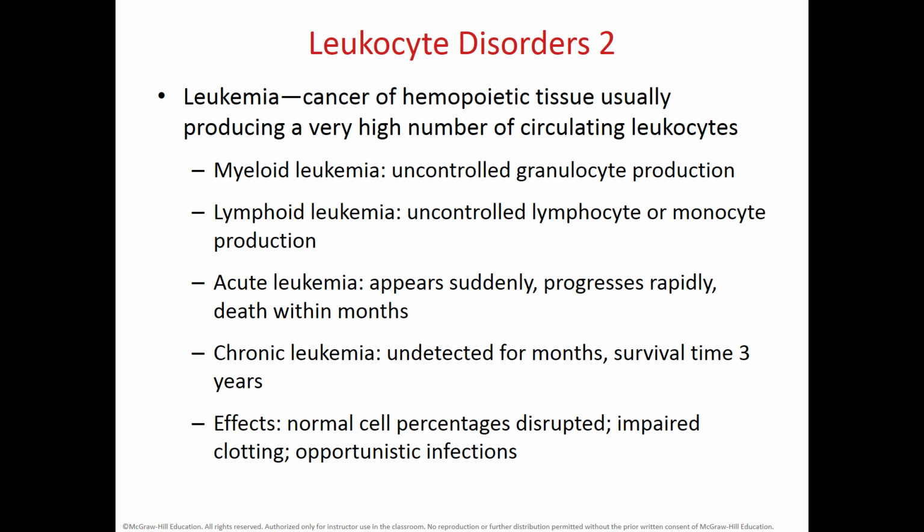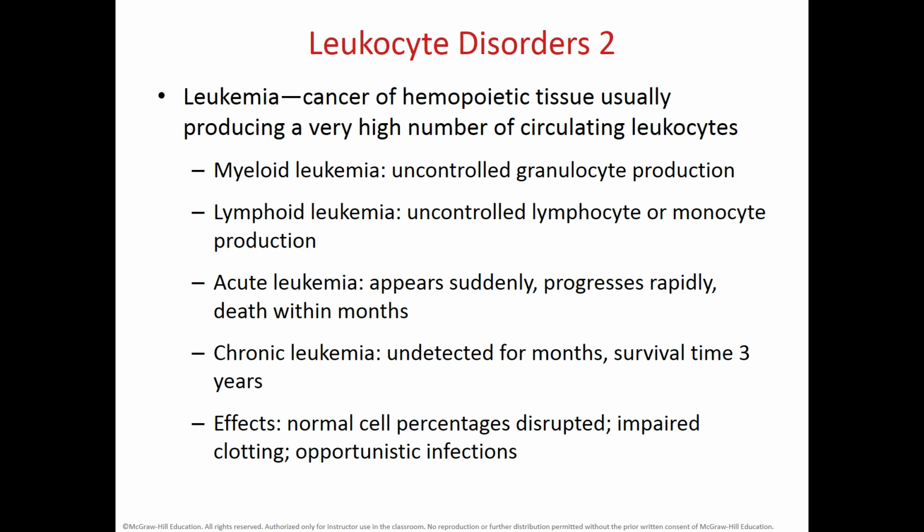Another problem of the leukocytes will be leukemia. In leukemia, your stem cells in the bone marrow start overproducing leukocytes. So that will increase the number of circulating leukocytes. And this increasing number of leukocytes is going to be way higher than in leukocytosis.